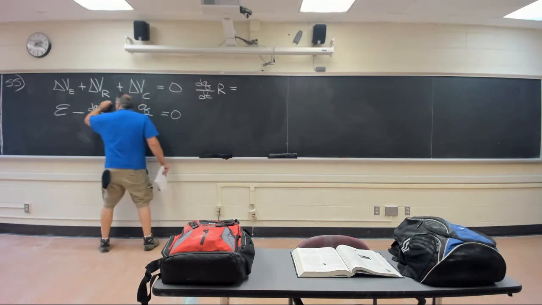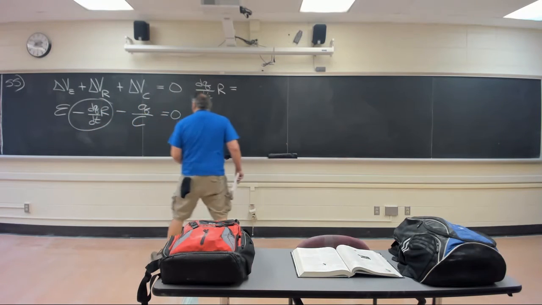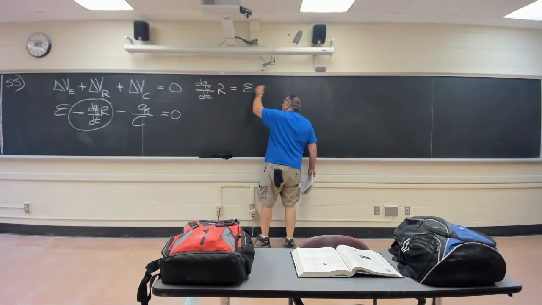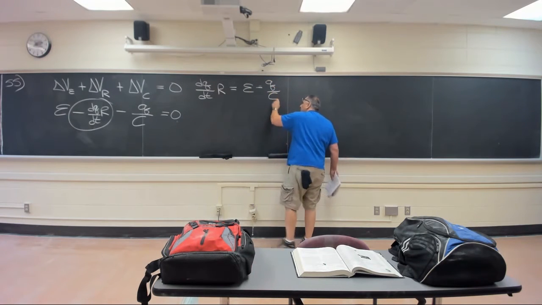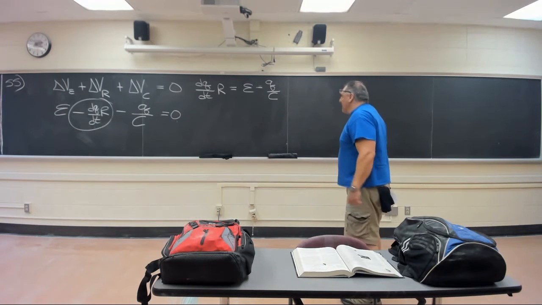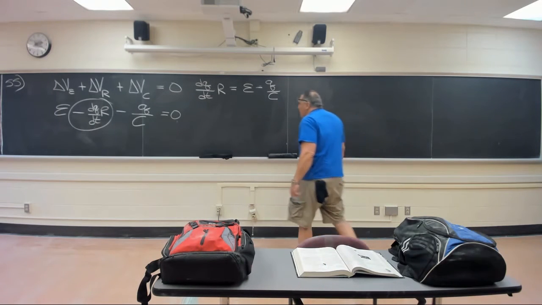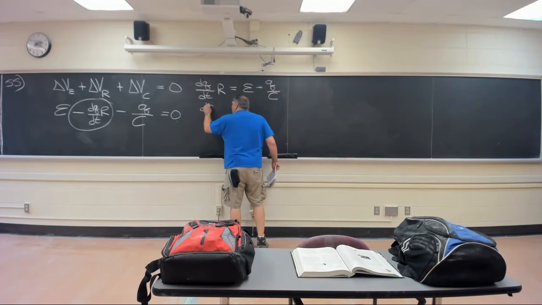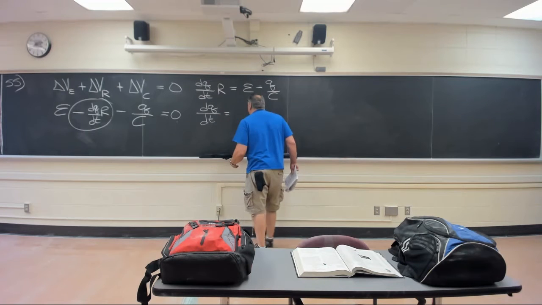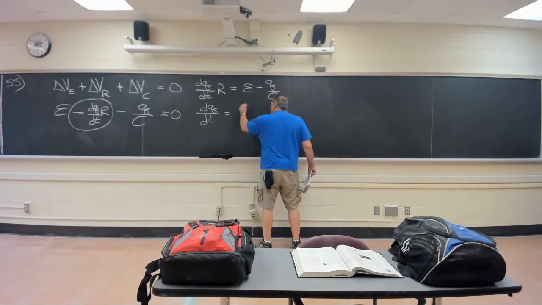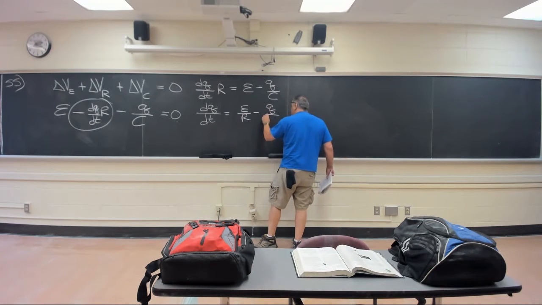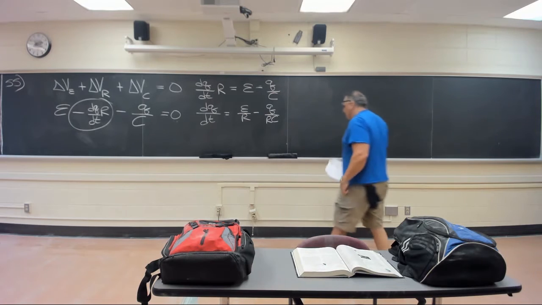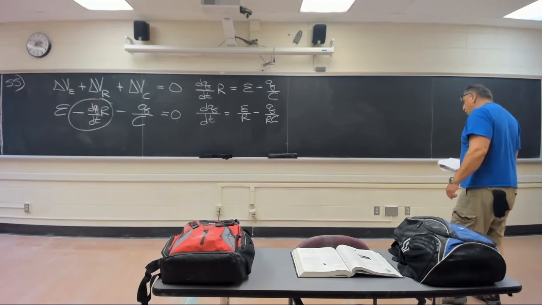It's epsilon minus Q over C, looking something like that. True. Why don't you divide by R on each side? Doesn't matter what side you put something on, just make sure you're mathematically consistent. You got E over R minus Q over RC.